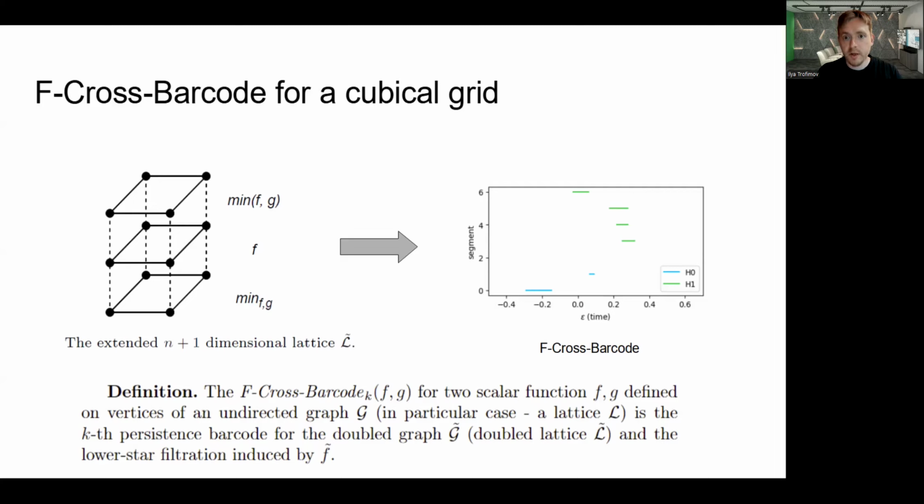To put it simply, each bar in the F crossbar code depicts the topological differences between sublevel sets of scalar functions f and g. It means that a given topological feature exists in the sublevel sets of the minimum of f and g, but it does not exist in the sublevel sets of the f function.